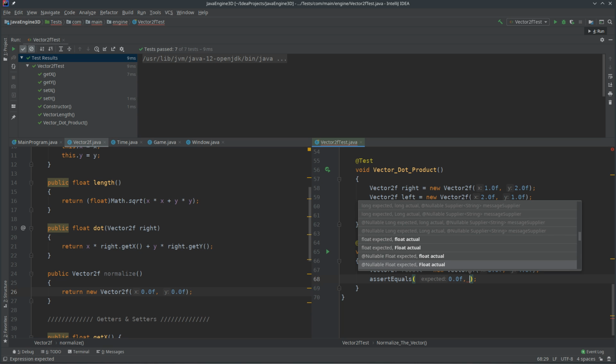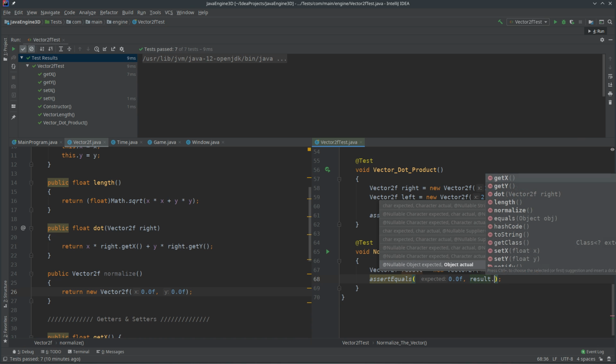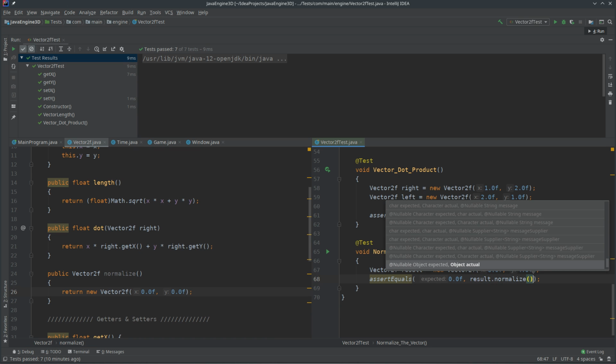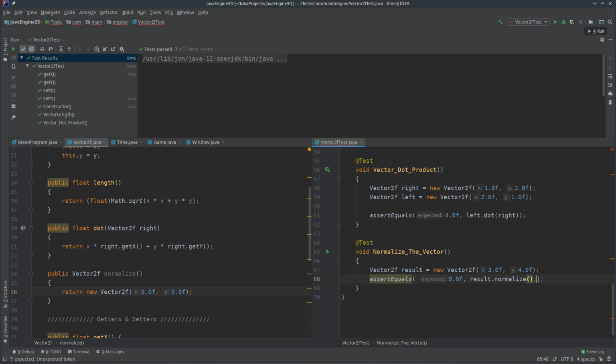And what we are going to do is result.normalize. That one. Okay. Will that give a result? Yes, it will. It gives a new Vector2f and puts it back into result.